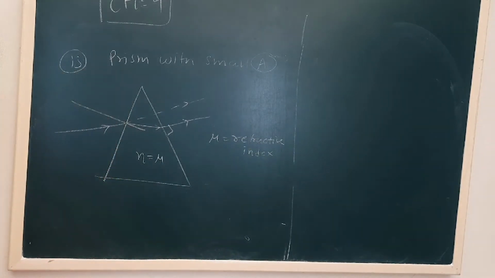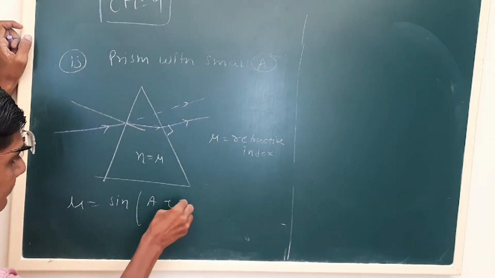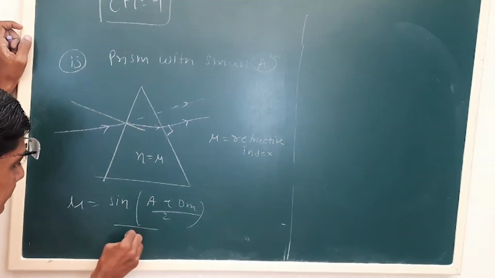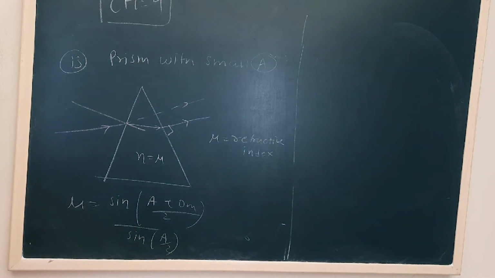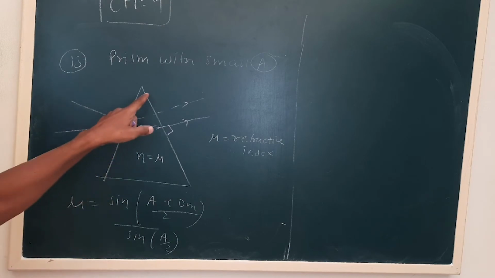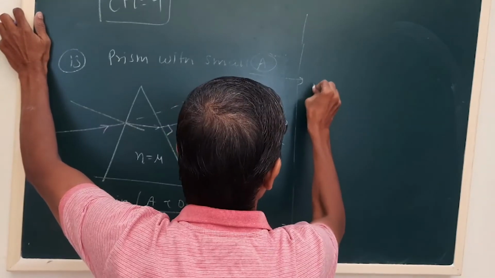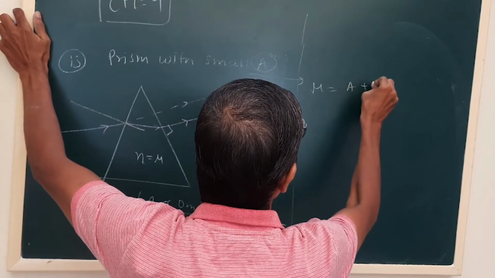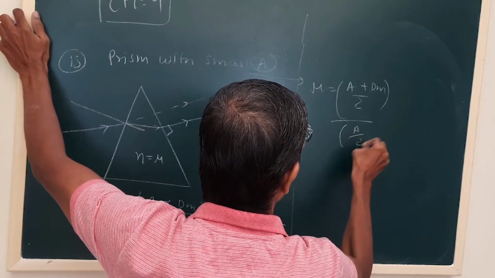Now what is the formula of refractive index? Mu is sin of (A plus dm) by 2, divided by sin of A by 2. Here the prism has a small A, so we can take the refractive index as (A plus dm) by 2 over A by 2.